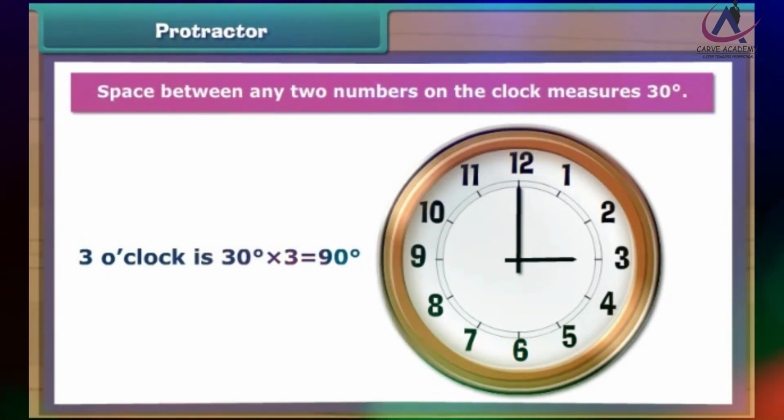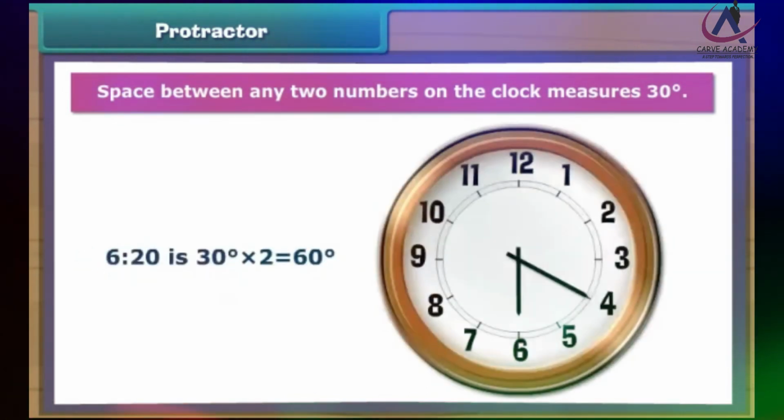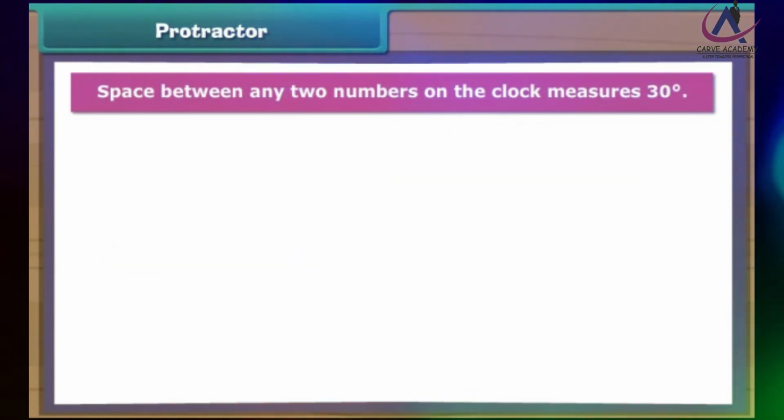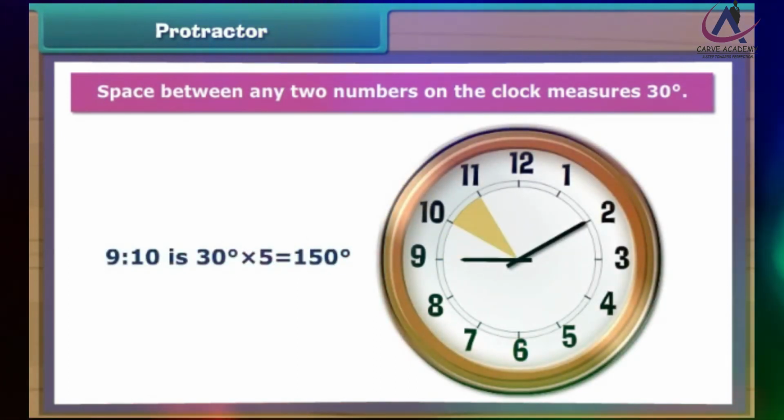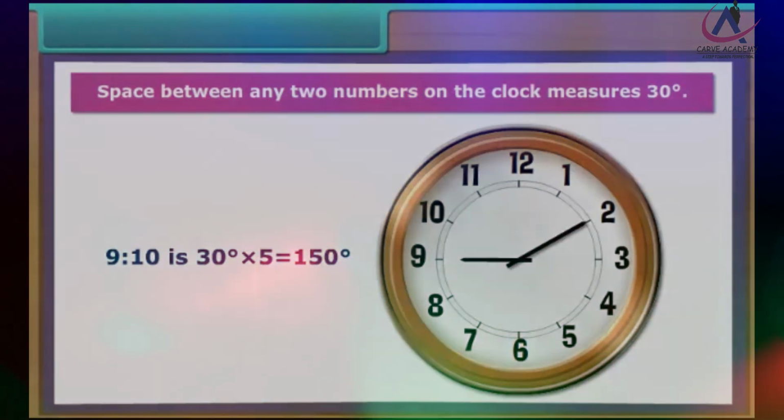By this logic, we can measure 3 o'clock as 30 degrees multiplied by 3 is equal to 90 degrees. 20 past 6 as 30 degrees into 2 is equal to 60 degrees. And 10 past 9 as 30 degrees multiplied by 5 is equal to 150 degrees.